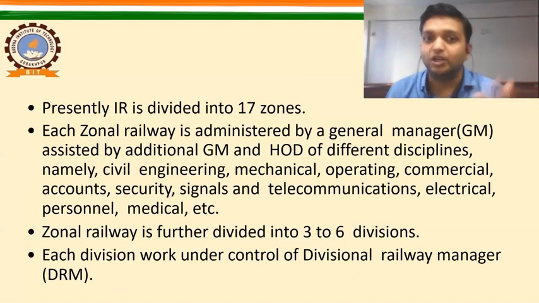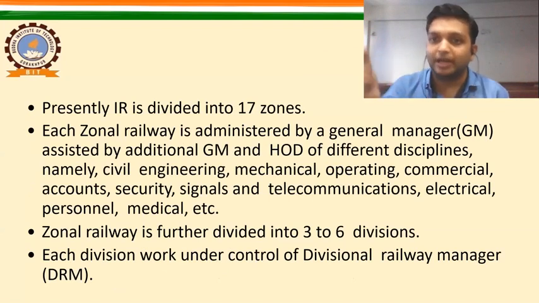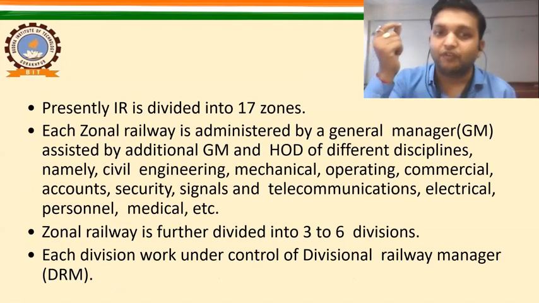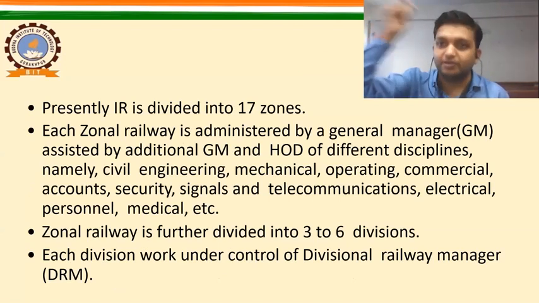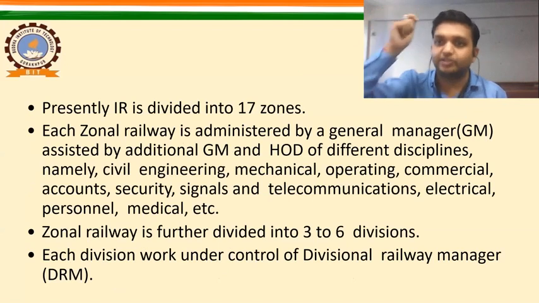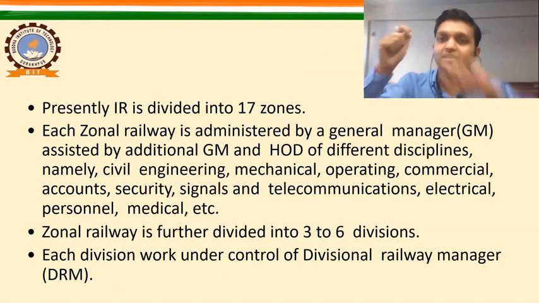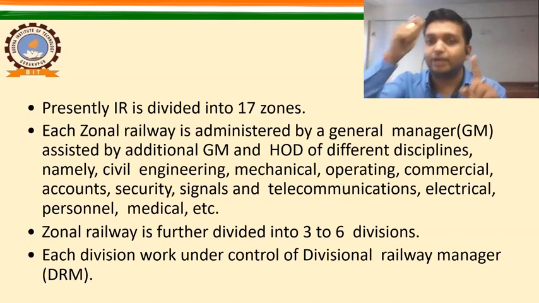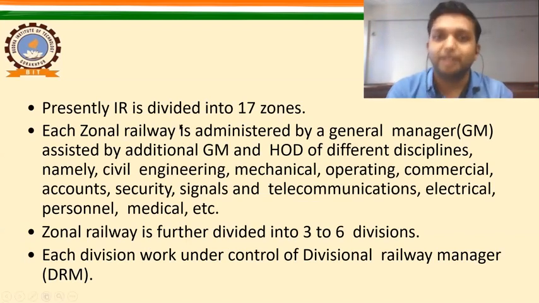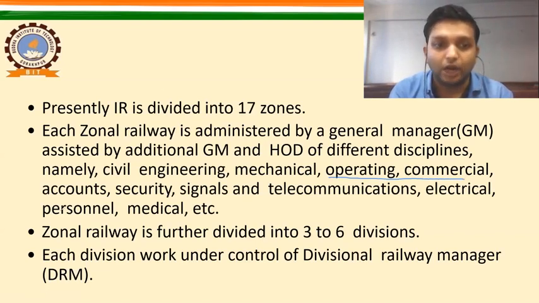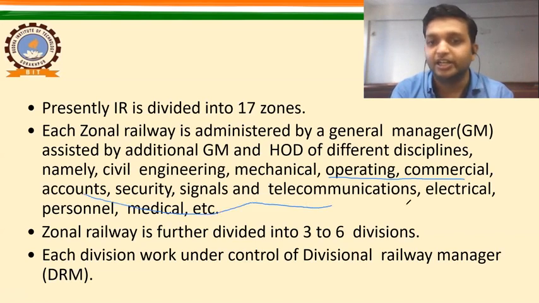Each zonal railway is administered by a general manager, the GM, who is the competent authority for each zone. It all started with the railway minister, followed by the chairman, financial commissioner, 5 other members, then 17 zones administered by the general manager, assisted by the heads of department of the different disciplines, namely civil engineering, mechanical engineering, operating, commercial, accounts, security, signal, telecommunication, electrical, personnel and medical.